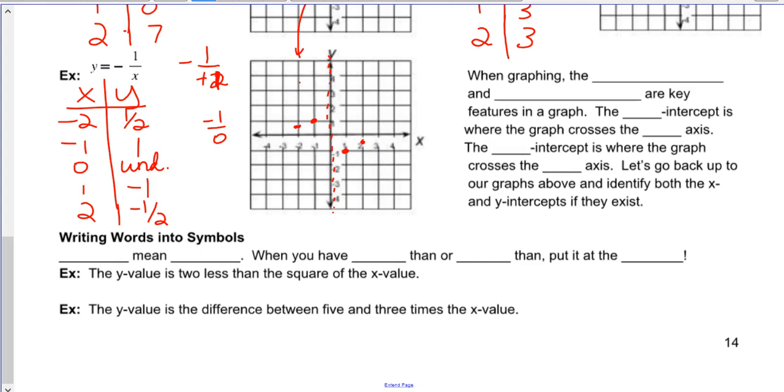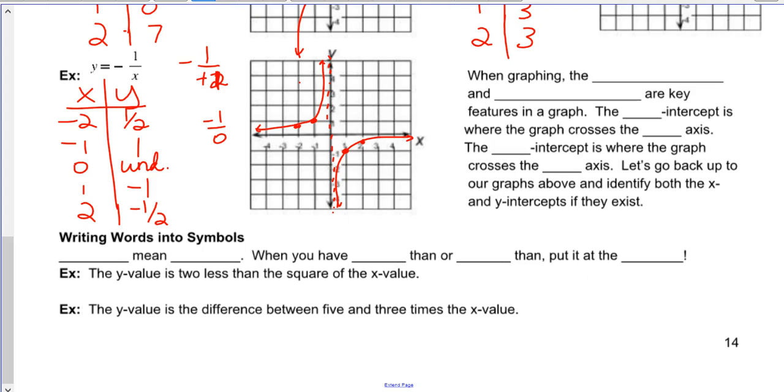Now, anything that looks like a 1 over x is going to be kind of some curves that are going to be approaching two different lines here. First off, this vertical y-axis, and it's actually going to be approaching the x-axis. So if you keep plotting more points than what we gave you, it's going to end up looking something like that. So again, something to get familiar with. We will work with that later on.